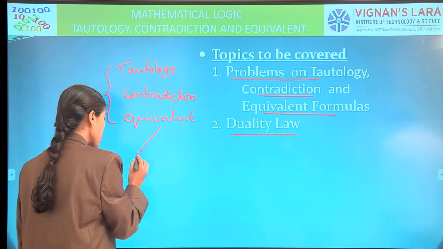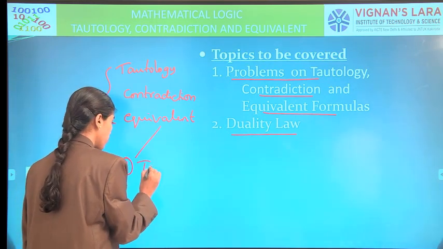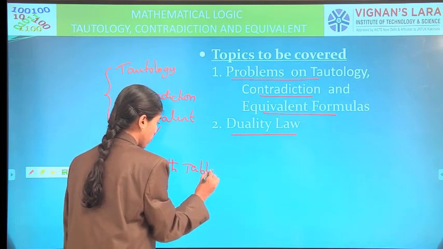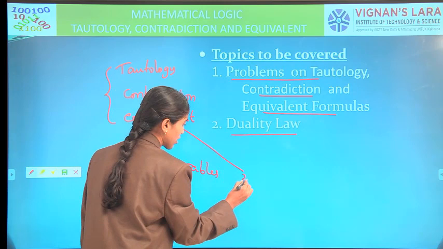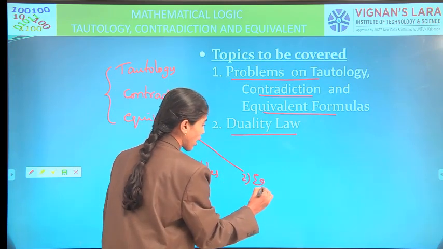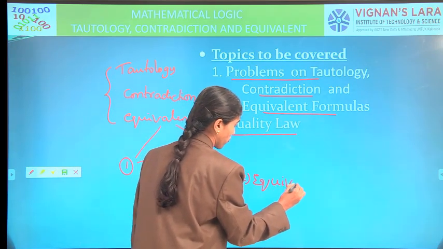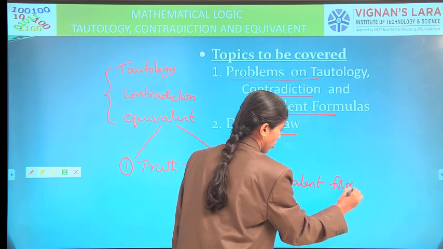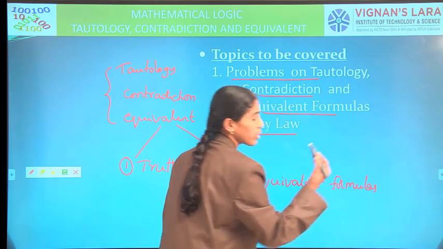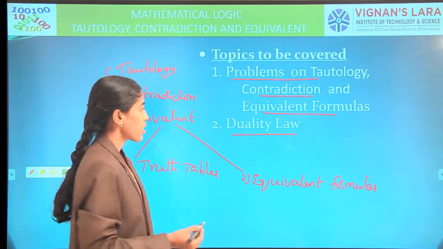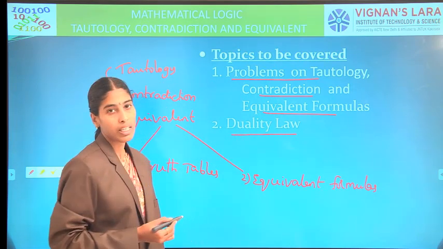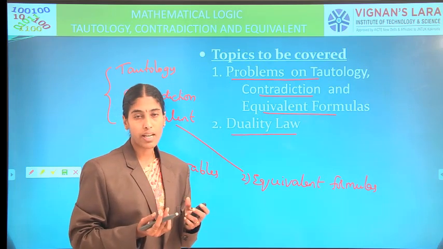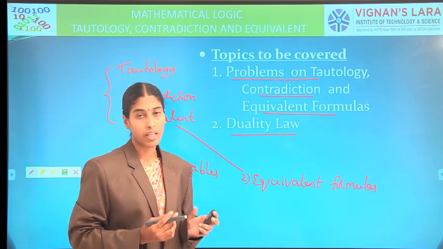One is using truth tables, and the second way is using equivalent formulas. That is the first concept in this class. Then the second one is duality law, which is useful while calculating the PDNF and PCNF. Duality law is required, right?